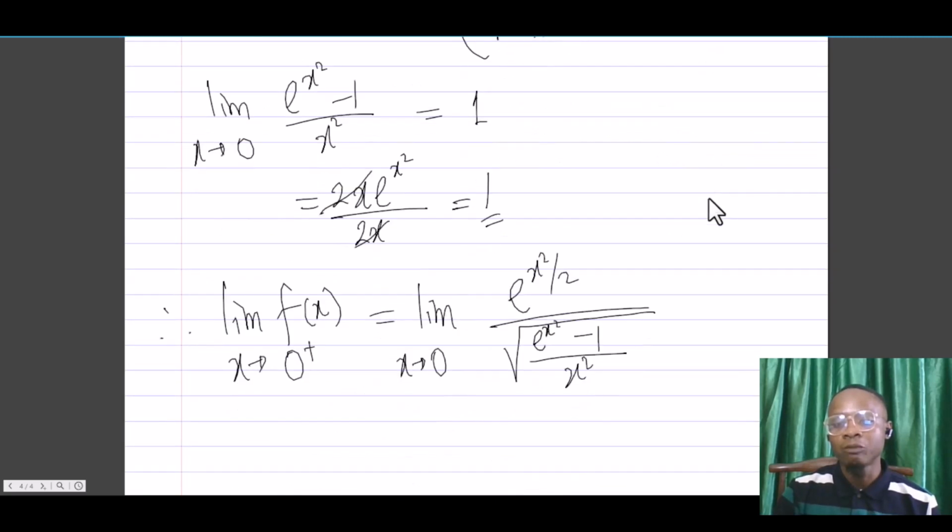So from this, we already know the limit of this expression here is 1. And when we substitute 0 here, this is e raised to the power 0 squared over 2, e raised to the power 0, which is 1. So this is going to give us 1 over 1, which is 1.